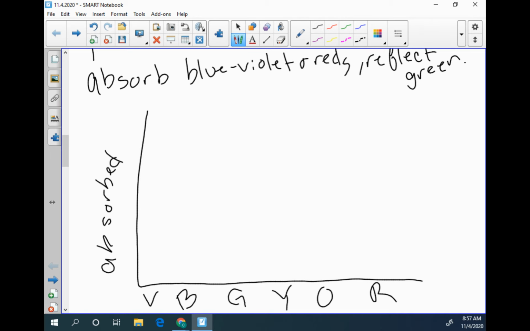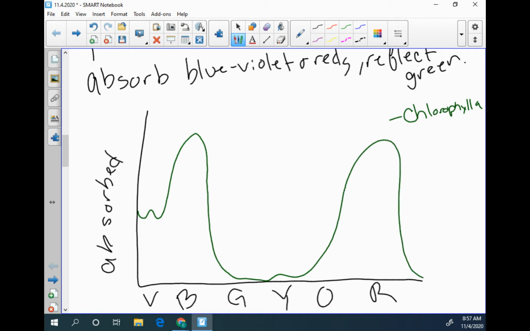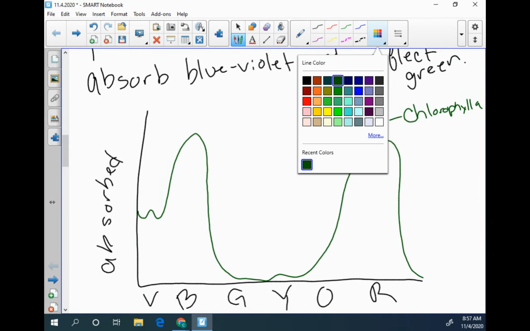So if this is going to be chlorophyll A, its absorption spectrum looks kind of like this. So it's going to absorb a lot of violets and a lot of blues. It's going to reflect all of these greens and yellows and spike back up for the reds.